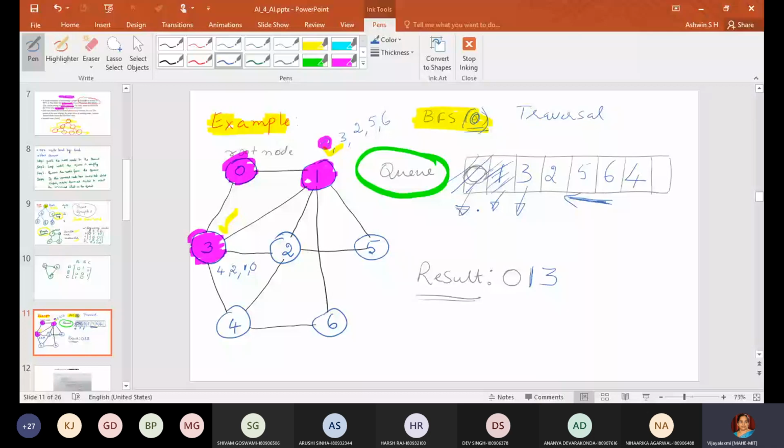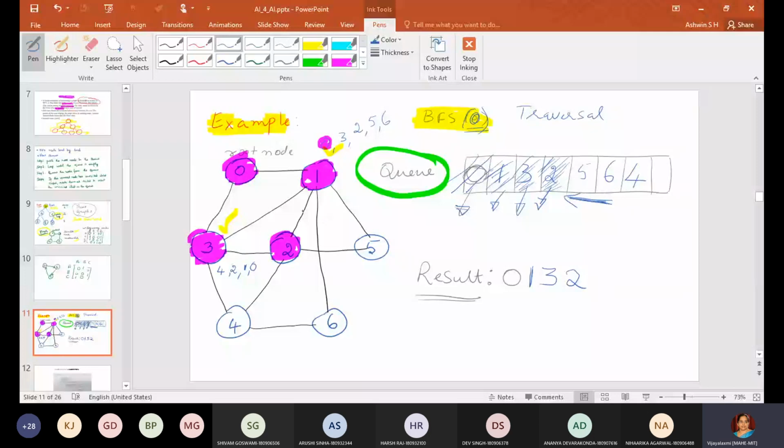Then what is the next step? Next step is you have to remove the node from the queue. Next, remove 2, so 2 will come here. I will mark 2, and 3 I'll cancel, as it has already come out.